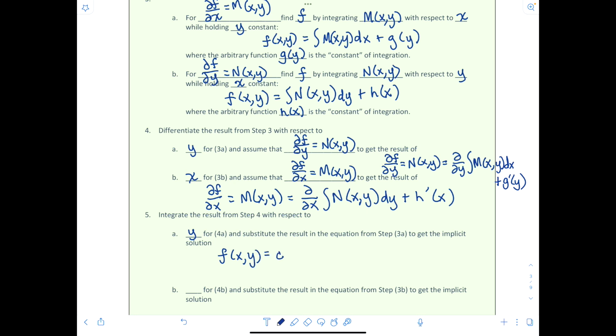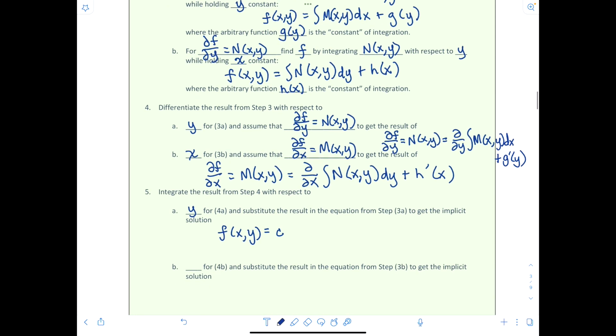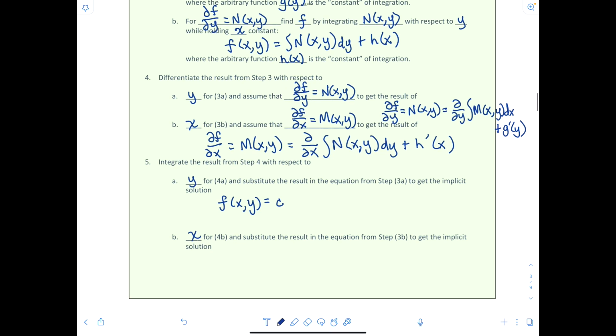So when you put all this together, you're going to find your g of y. You're going to plug it back into 3a and you'll get your solution. And you would do it in terms of x if you did it the part B way, and then you'd still have f at x and y equal to some c.